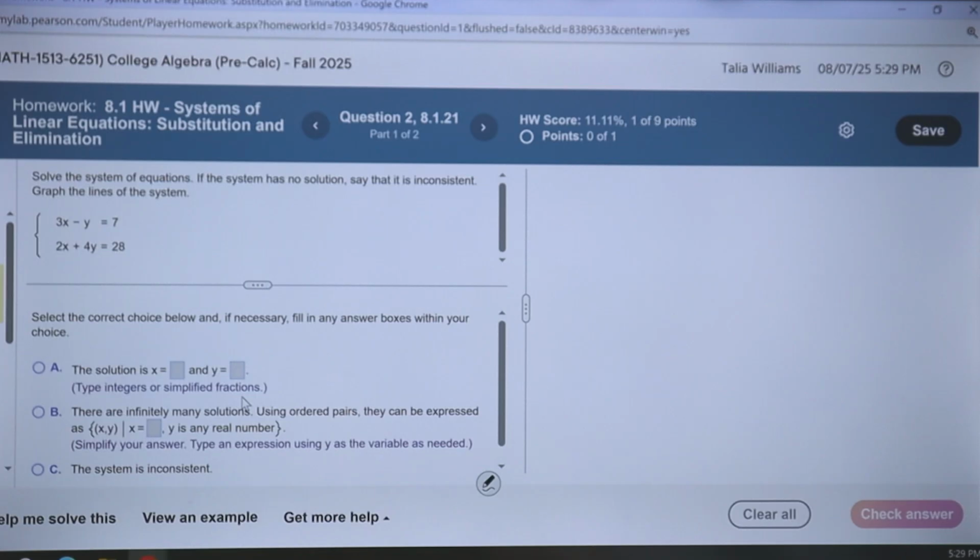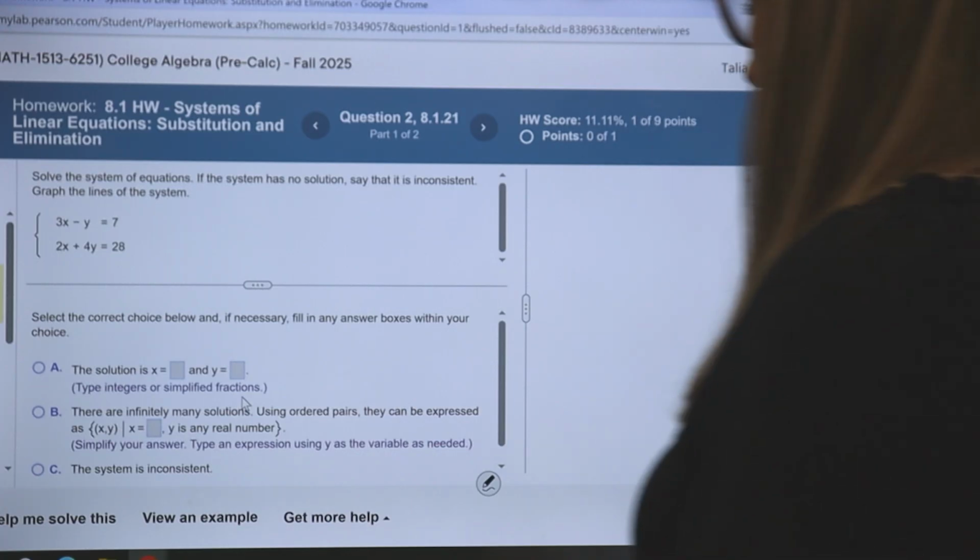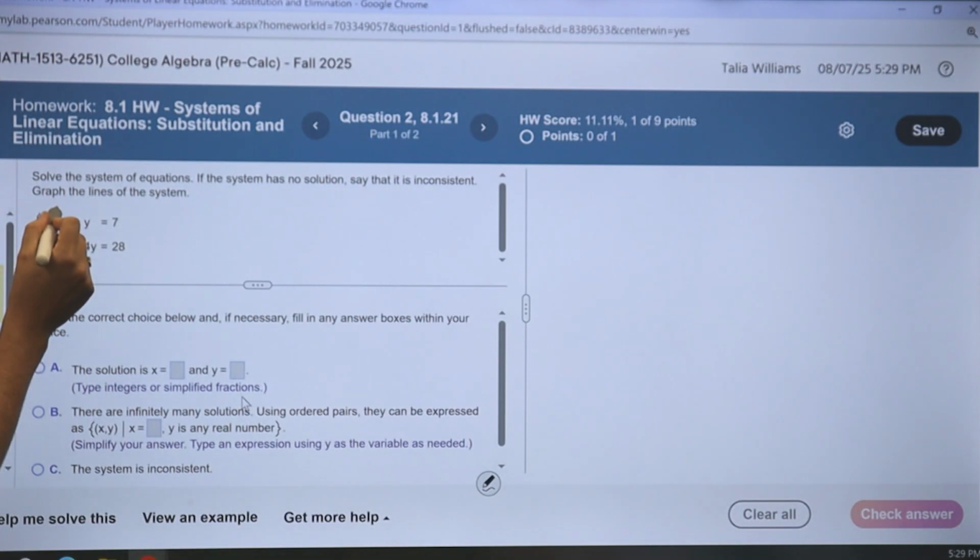I need to multiply that top equation by 4 though, because it's 3x minus y equals 7 and the bottom is 2x plus 4y equals 28. I could also reduce that bottom equation too, but let's go ahead and say we're going to multiply the top by 4.